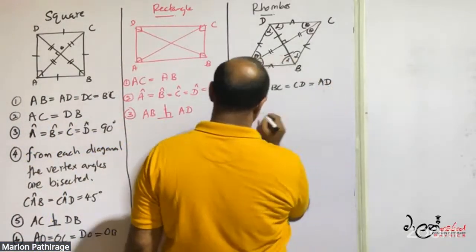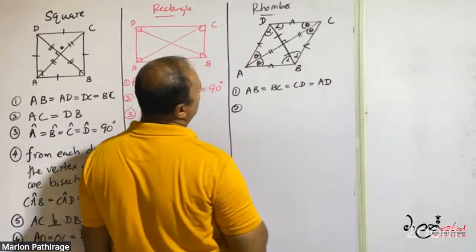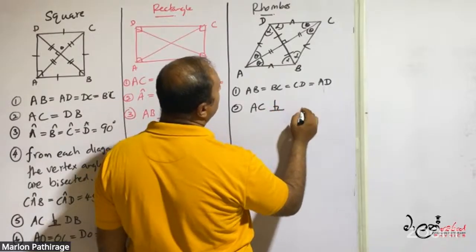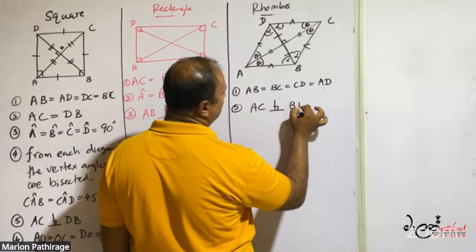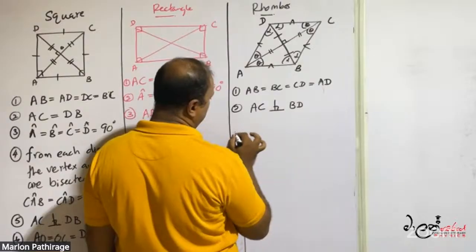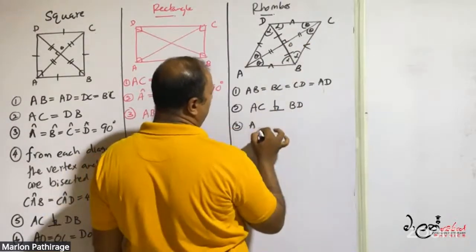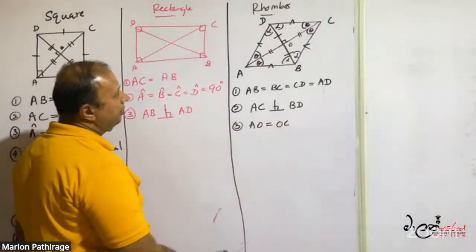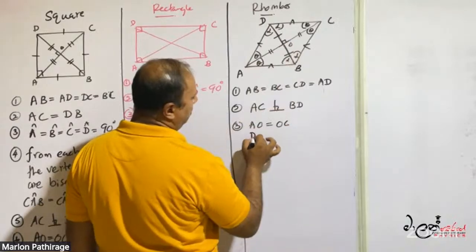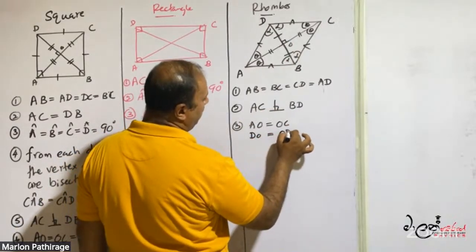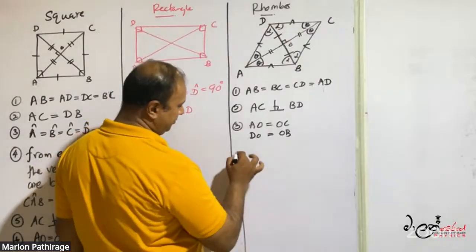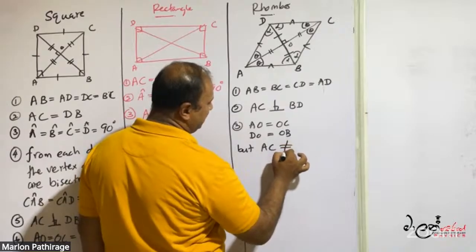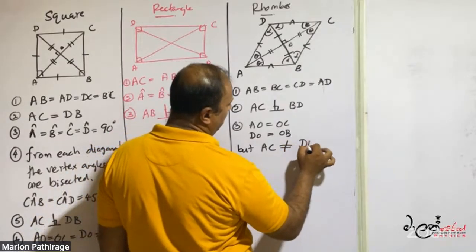Then AC is perpendicular to BD. Third one: AO equals OC, and DO equals OB. But the AC length is unequal to the DB length.